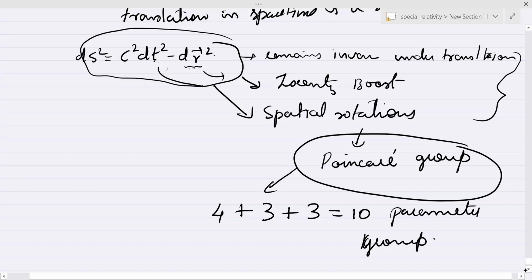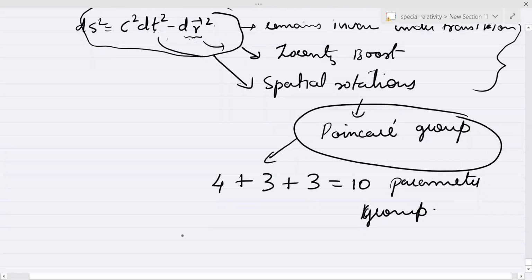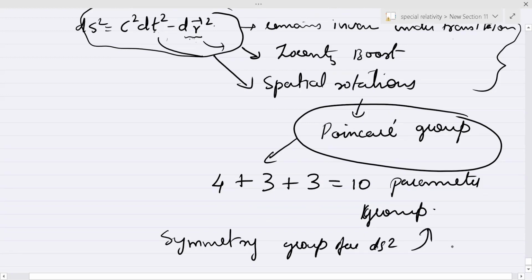It's a group of symmetries of the space-time interval. Or we can simply say the complete symmetry group for ds squared is the Poincare group.